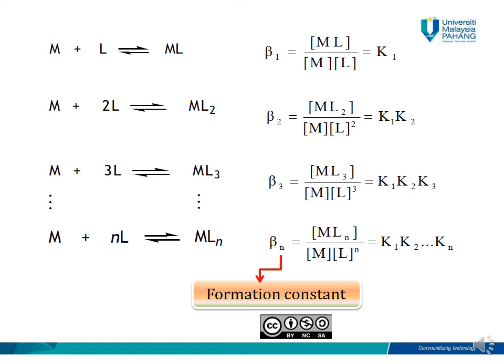So this is what we can see from the equilibrium chemical reaction, and you can also see the formation constant at equilibrium. For each addition of ligand, you can see a different value and a different expression, each time a ligand is introduced in the solution.